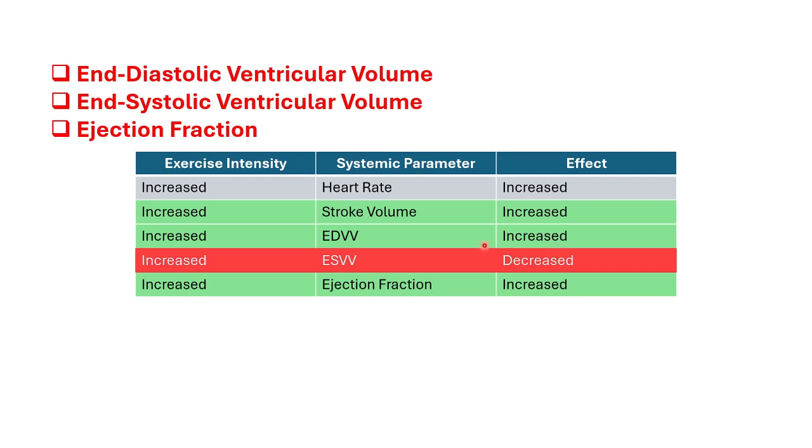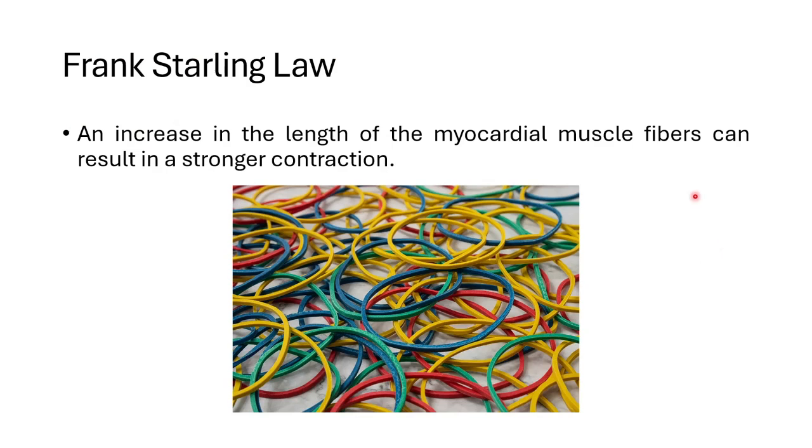So let's move on. I'm actually going to discuss now the Frank-Starling law. I've provided a very simplified definition of it. An increase in the length of the myocardial muscle fibers can result in a stronger contraction. So think of a rubber band. When you stretch it so far, then you release, what do you usually observe?